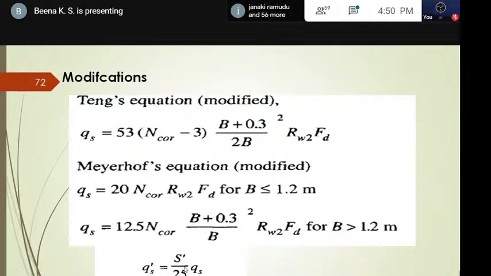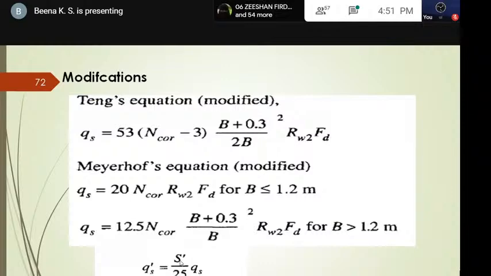This QS gives the tolerable settlement, that is the allowable settlement. If the tolerable settlement is greater than 25 millimeter, the safe bearing pressure computed by the equation can be increased linearly as S divided by 25 into QS, where S is the settlement observed.